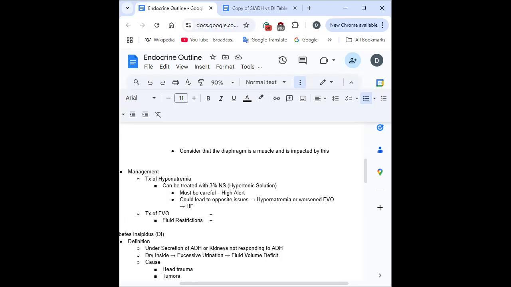The thiazides are a different class, and those are just like your usual diuretics. They will still cause depletion of salt and potassium, but the vaptins work against ADH, so they're ADH antagonists, and they will only cause the release of water by itself.